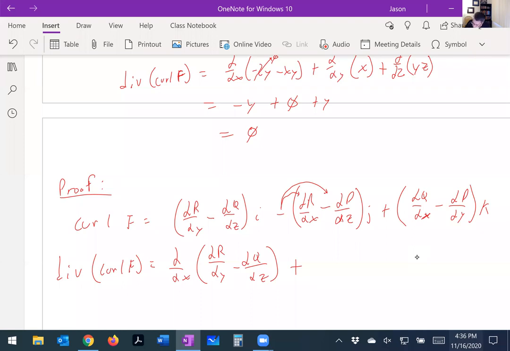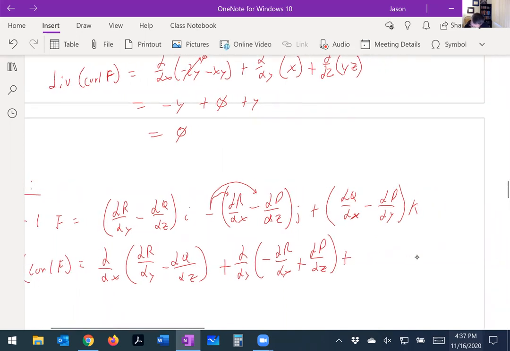Then this becomes minus plus, right? So just keep that in mind. So this is going to be d/dy of minus dR/dx plus dP/dz. All I did was distribute that negative, and then took the partial with respect to y. And then plus the partial with respect to z of dQ/dx minus dP/dy.